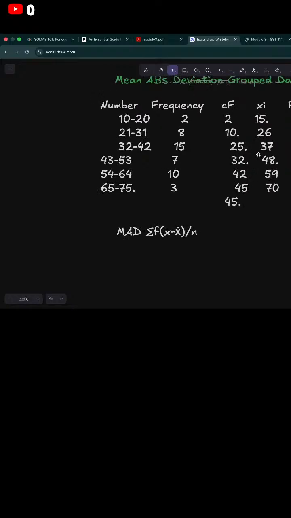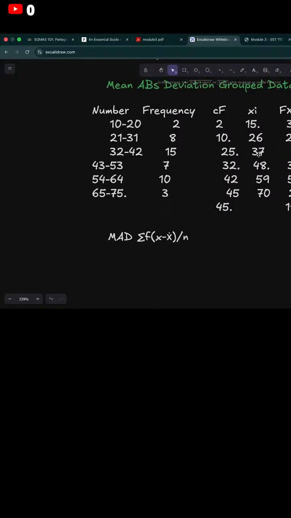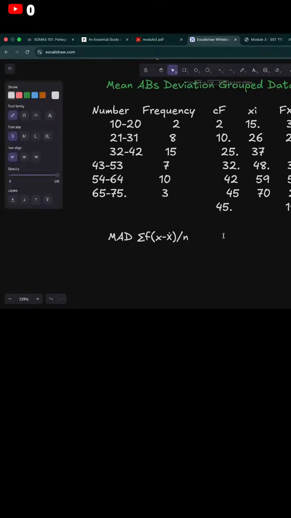So for this I had already calculated the mean, and the mean we calculate it as summation of frequency times x, then we divide by total frequency.